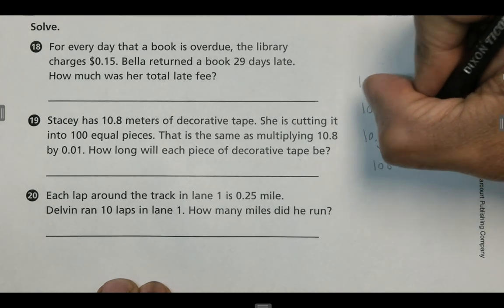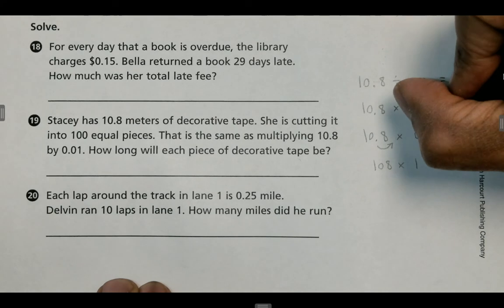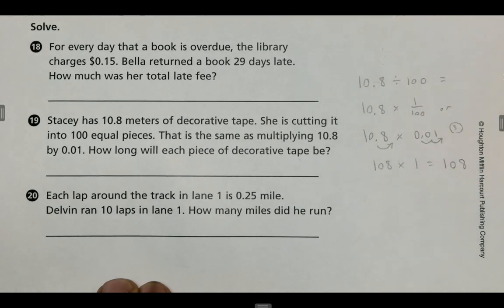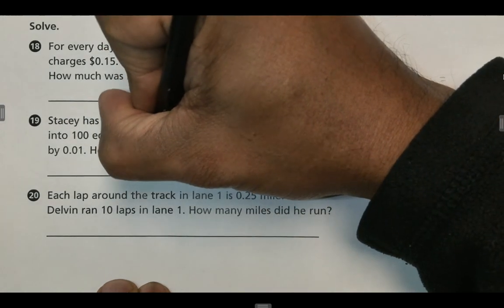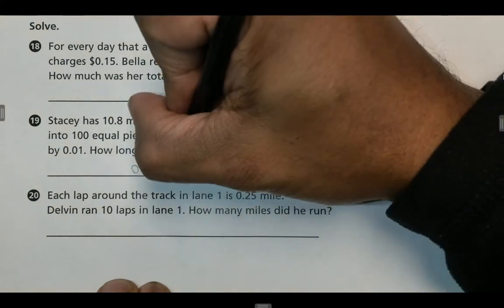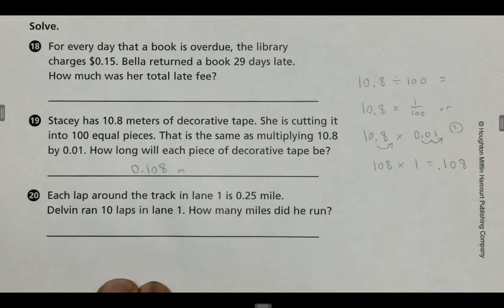Solve this as if it's 108 times 1, which is 108. Come in from the end 3 places. Pew, pew, pew. And we get our answer. Each of these tiny pieces is going to be 108 thousandths of a meter.